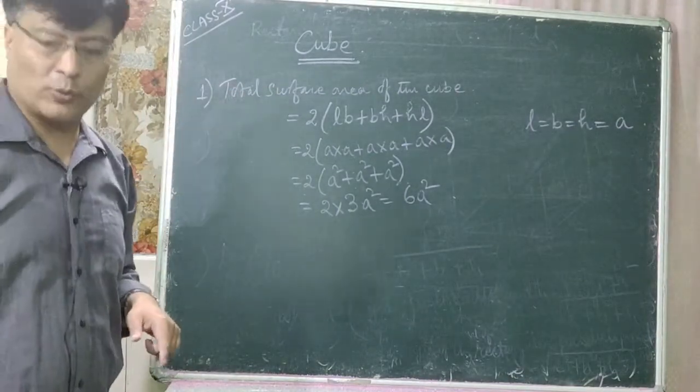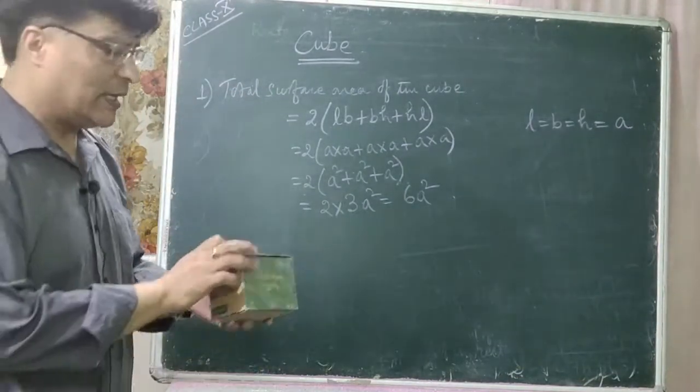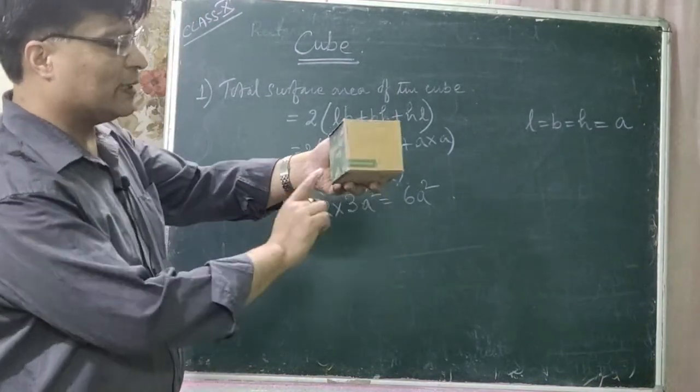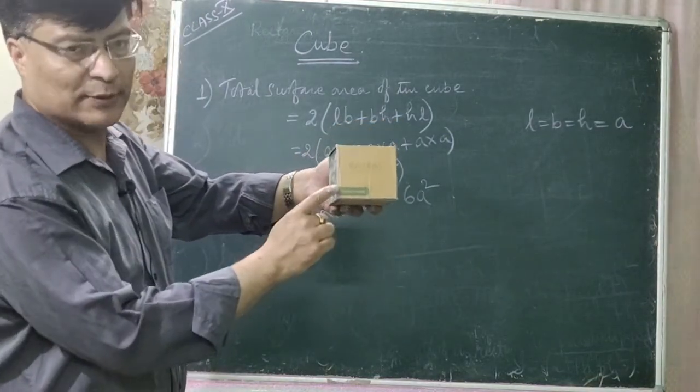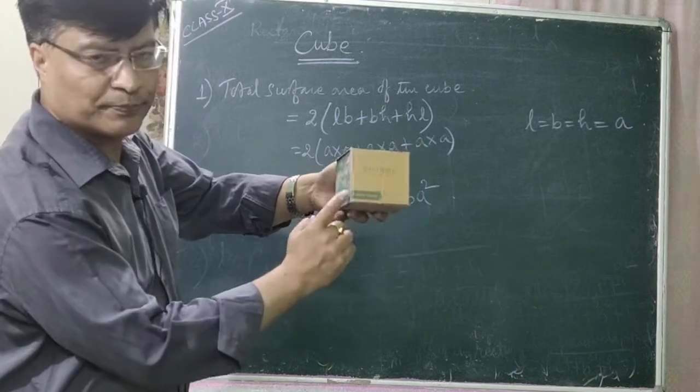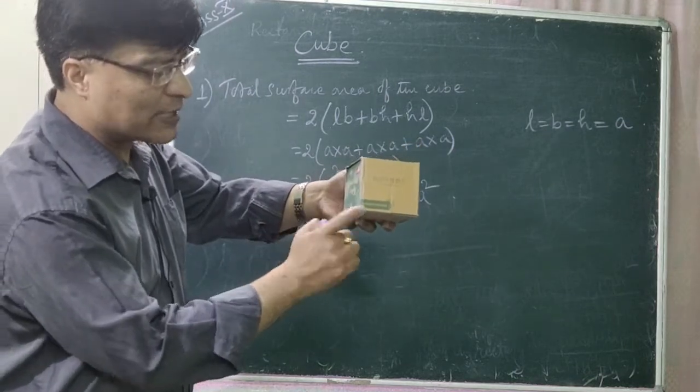It is 6A square. Here, these length, breadth and height, we call them edges. Understood? All the edges are equal here.